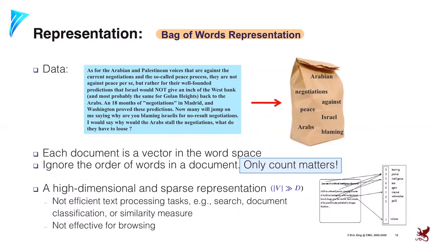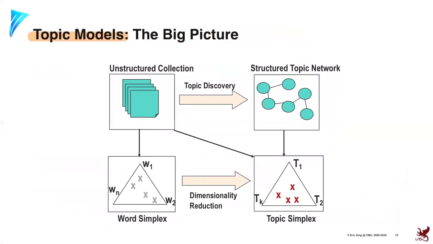One is this bag of words representation. But the problem for this bag of words representation is that only the count matters, and we do not have any information about the word order, which is not good.